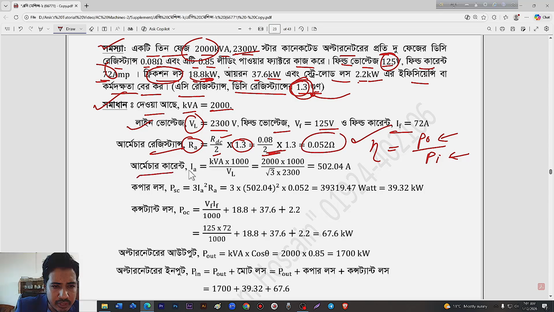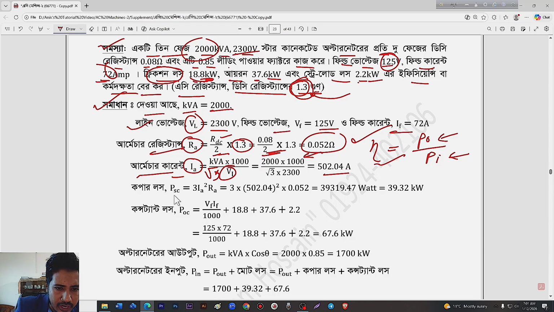So the formula of armature current will be kVA into 1000 divided by root 3 VL. If we put the value of this, we can get from this calculation 502.04 amps.